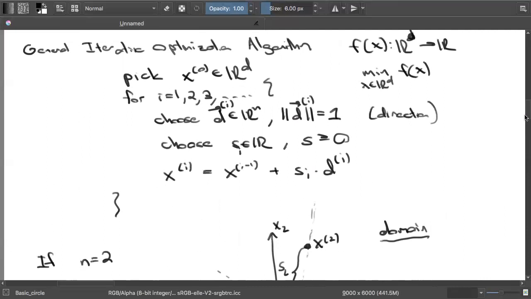You can do a little bit of things, but basically this is it. You pick a point, you pick another point, you pick another point. Different algorithms choose D and S in different ways.